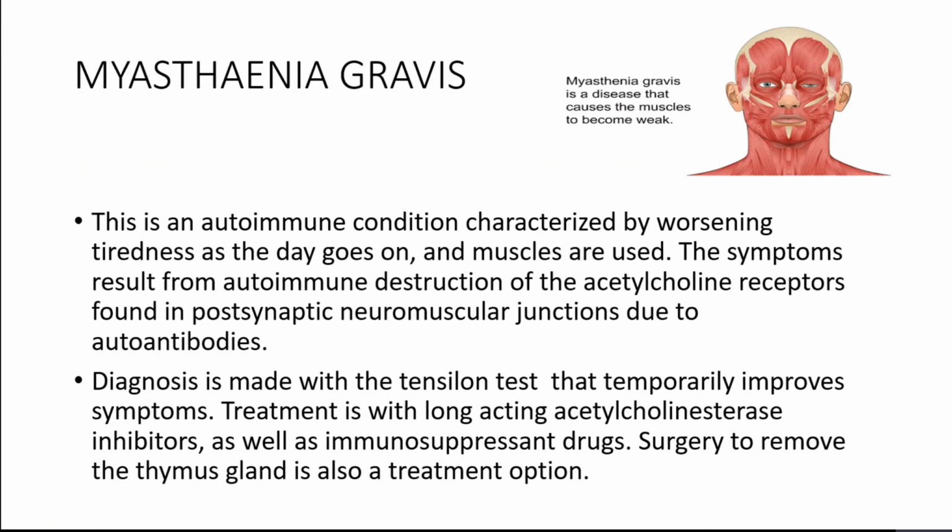Diagnosis is made with the Tensilon test that temporarily improves the symptoms, and for treatment, patients are given long-acting acetylcholinesterase inhibitors as well as immunosuppressant drugs. Surgery to remove the thymus gland is also a treatment option if nothing else works and the disease is in the last stage. So basically we can say myasthenia gravis is a disease that causes the muscles to become weak.